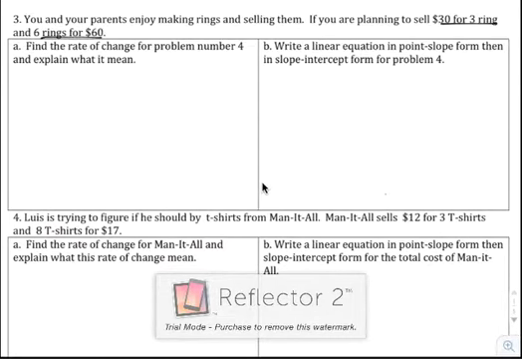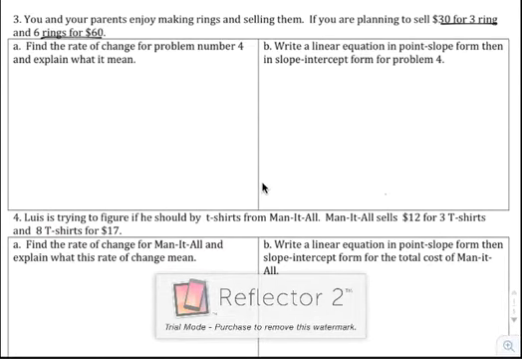And you go y minus y1, which is right here, 30 equals slope right here, which is 10 parentheses x minus 3. I'm using it all from this problem here.